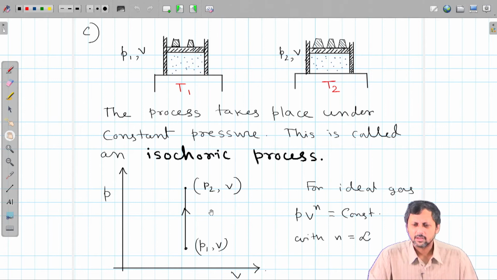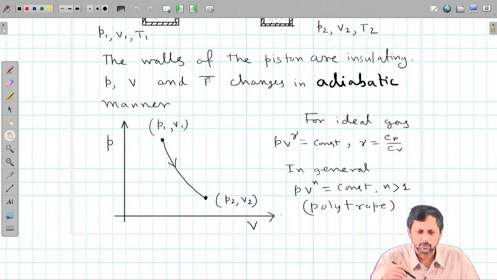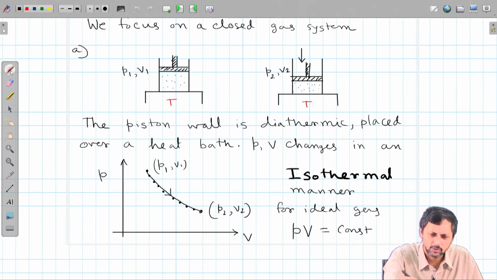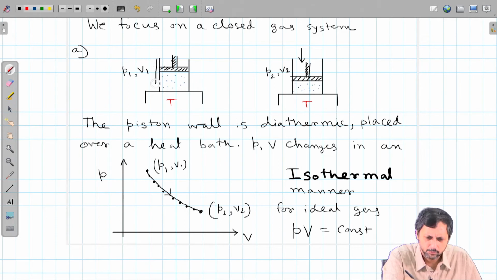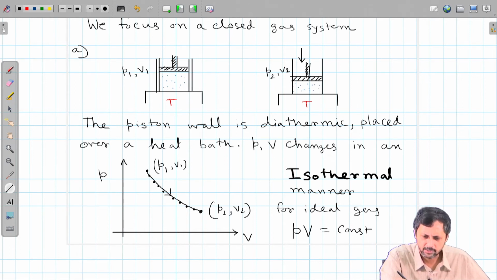Next, let us say we have the gas assembly. Once again the bottom layer is diathermic, so it can exchange heat with a heat reservoir. Sorry, in this case also only the bottom part should be diathermic. We should not allow any heat exchange or heat leakage from the sides.